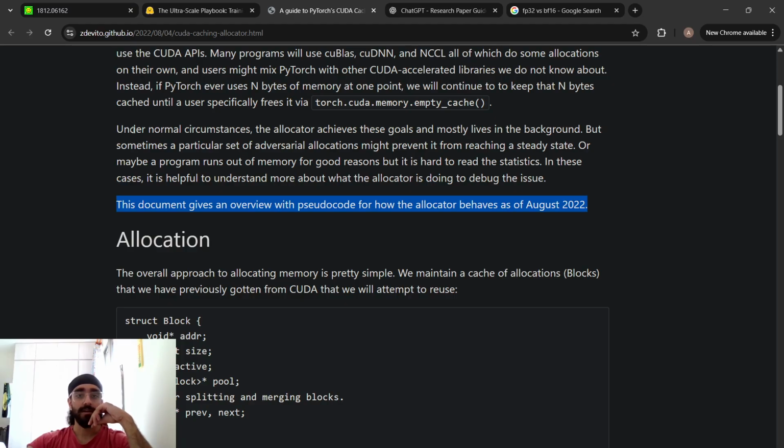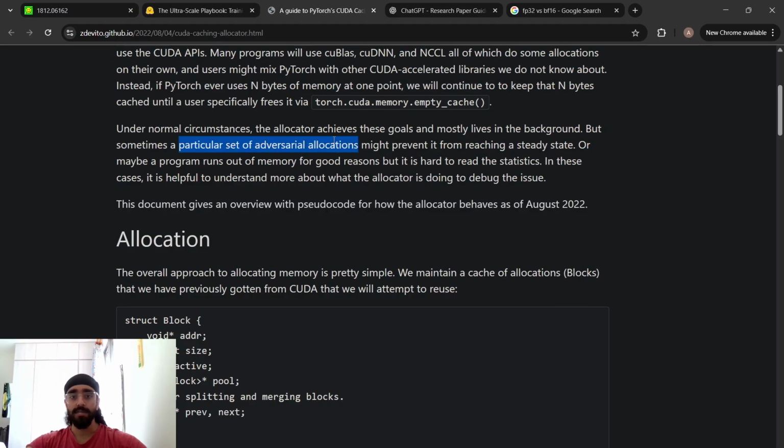Oh, so they're saying that under most circumstances, we do not need to think about how the allocator works, but in certain cases we do need to care about how it is working and why we got an out of memory error.